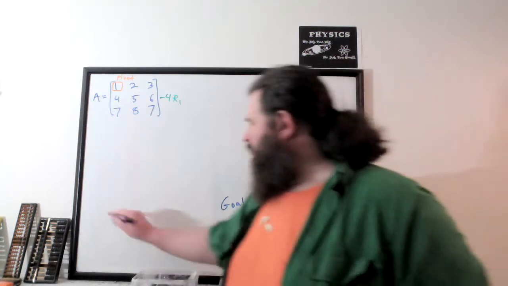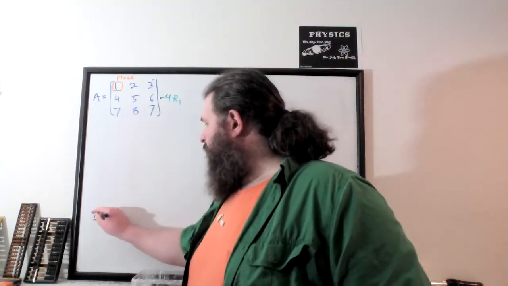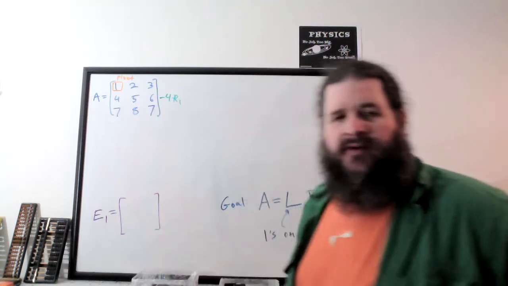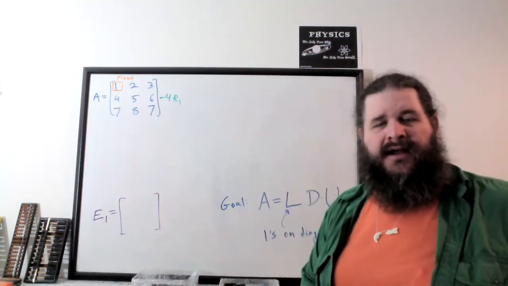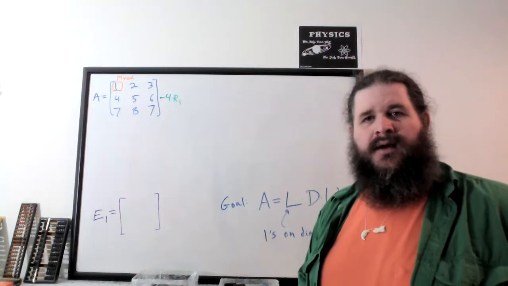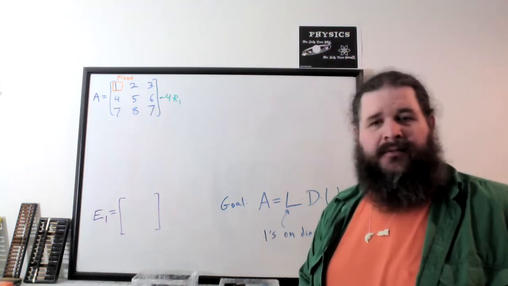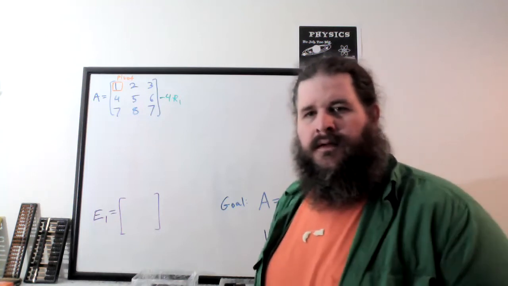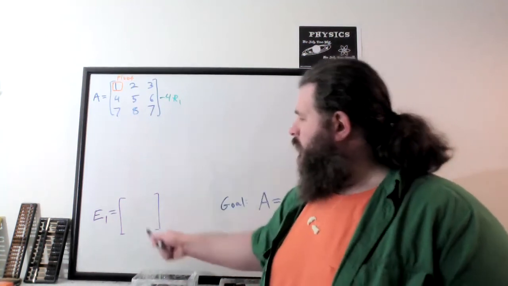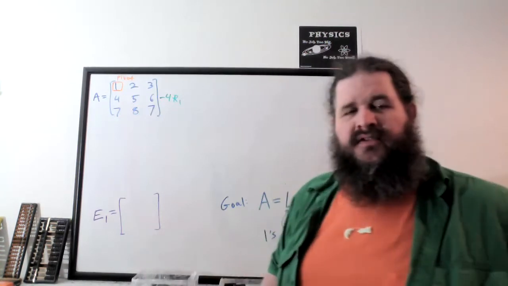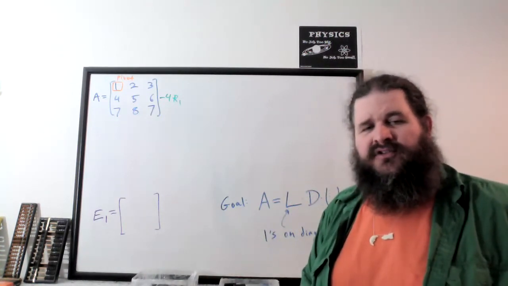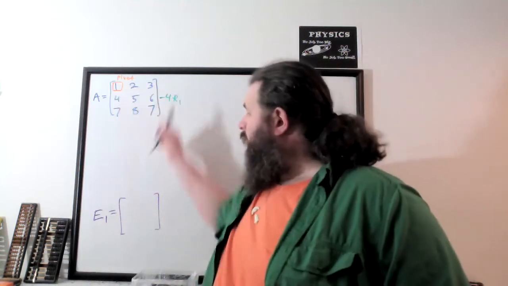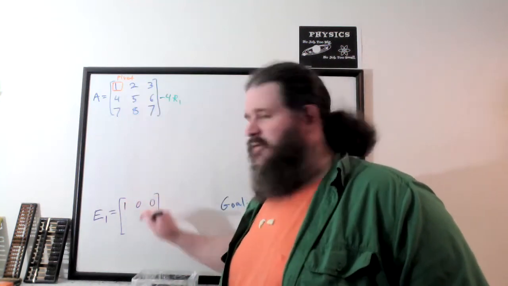Let me call this E1 for the first elementary transform matrix we're using. What would the elementary matrix that corresponds to that operation look like? What multiplier would carry out that operation? And specifically, we put that for where here? Because this is going to look almost like the identity matrix with just that one change, right? For instance, we're not changing the first row, so I'm just going to write the first row of the identity matrix.